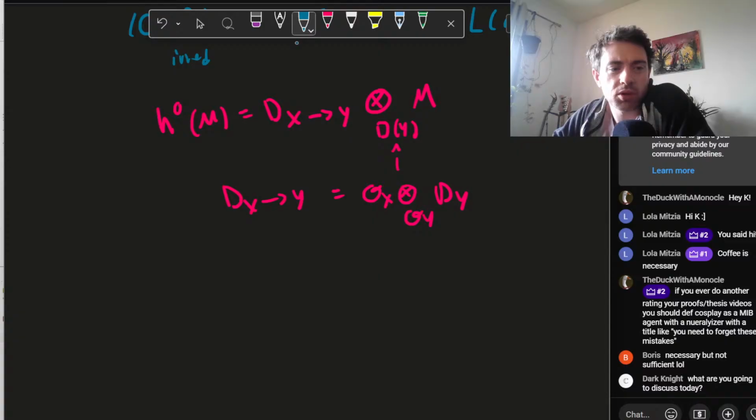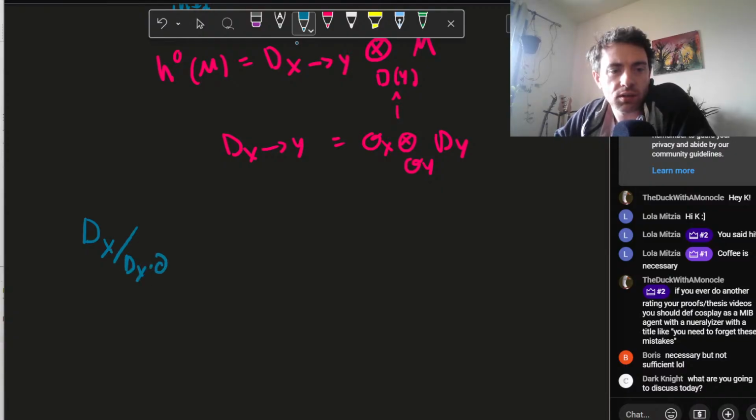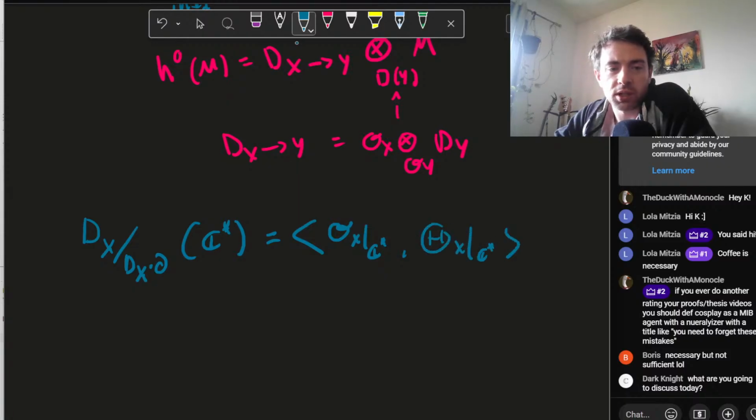So let's think about our D module. What is our D module then? If we were to restrict back down to the open orbit, this is basically just generated by O_X restricted to the open orbit, and also our sheaf of differentials restricted to the open orbit.